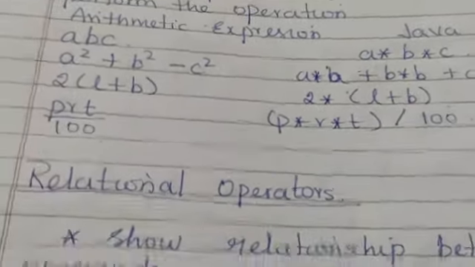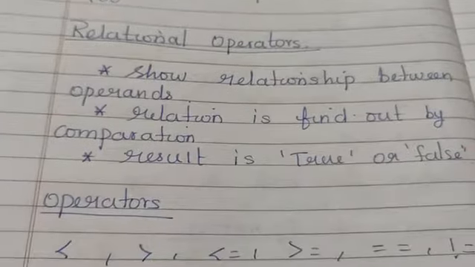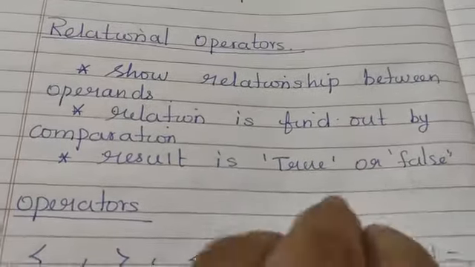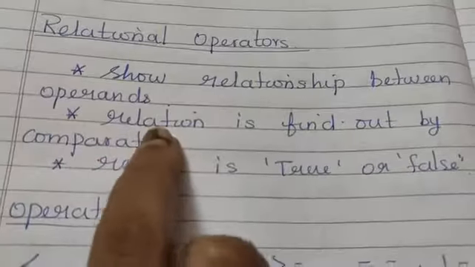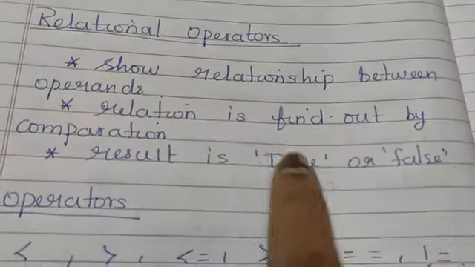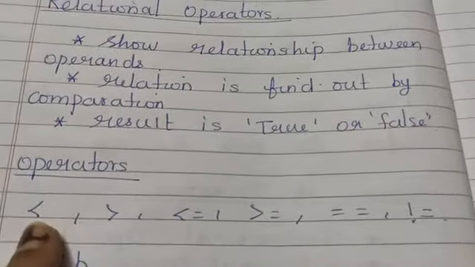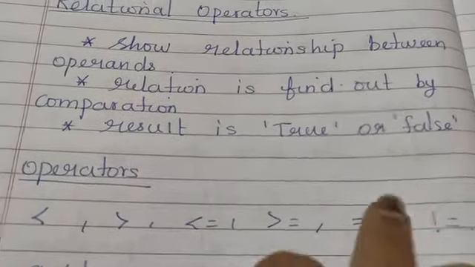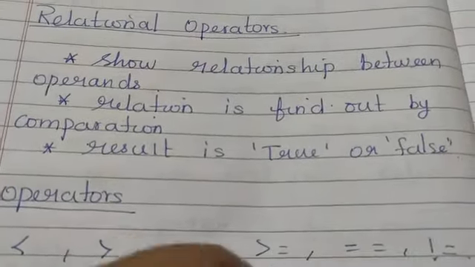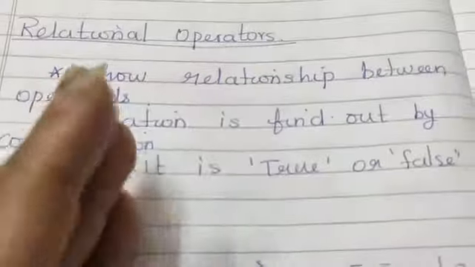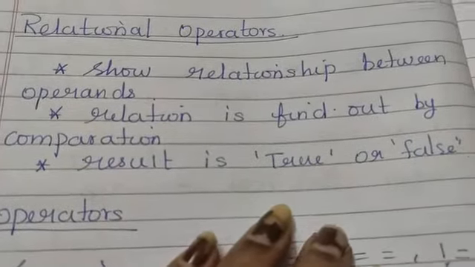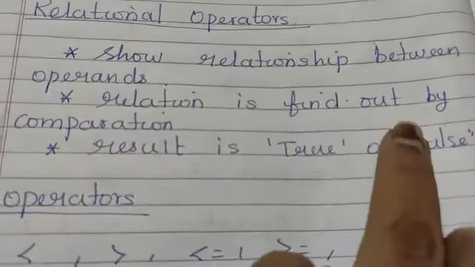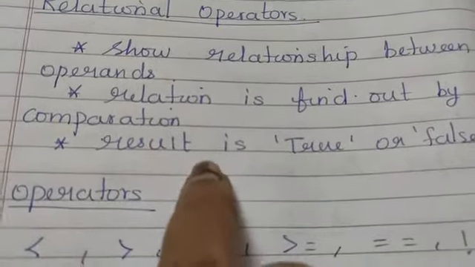Then we will see the relational operators. Relational operators show the relationship between the operands. Relationship means, if it is less than, greater than, equal to, like that. What is the relation between the two operands? Less or more, or it is equal, that type of relationship it gives. Relation is found out by comparison.